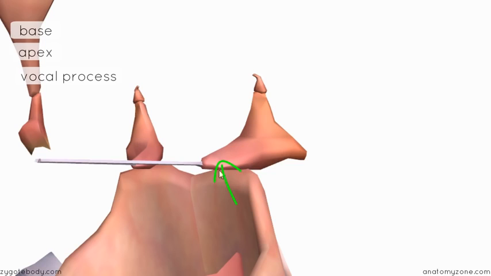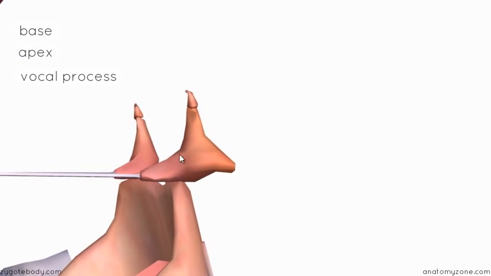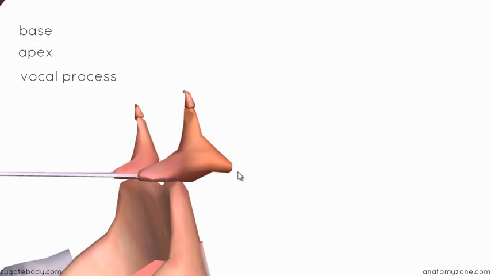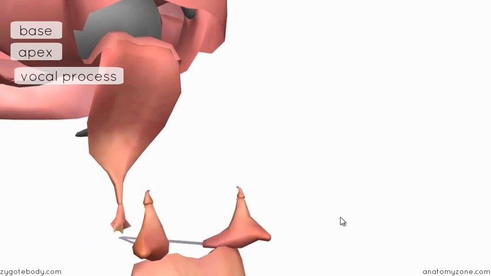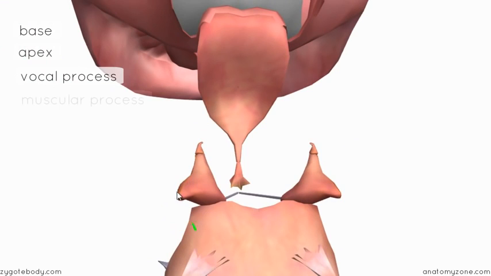This is called the vocal process, which serves as the point of attachment for the vocal ligament, which is shown on this model here. And then you've got this process sticking out posteriorly and laterally. So I'll just rotate it around to the back, and you can see this process, which is called the muscular process. And this serves as the attachment for the posterior and lateral cricoarytenoid muscles.